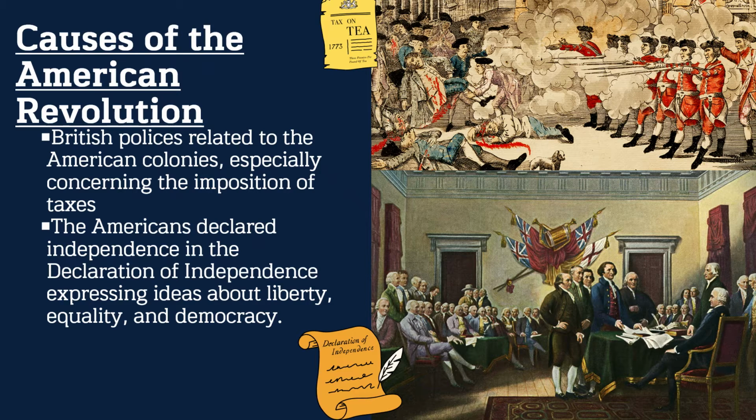And so after time and time again with the colonists trying to draft a solution to the king, they're going to write the Declaration of Independence and send this to King George, expressing their ideas about liberty, equality, and democracy for themselves.